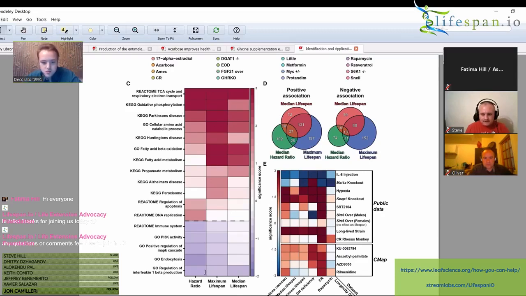We had maximum lifespan, median lifespan, and hazard ratio here, and it shows significant positive associations with all three metrics. Also, you can find amino acid metabolism here again, and on the downside, again, immune response. So these functions seem to be pretty consistent both at the qualitative and quantitative level.